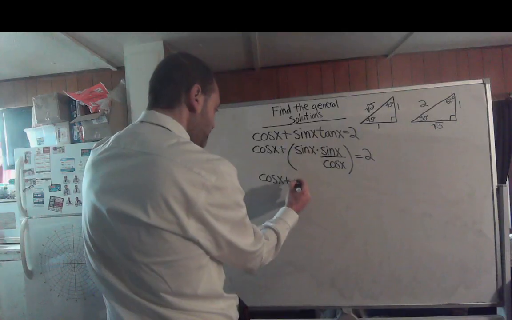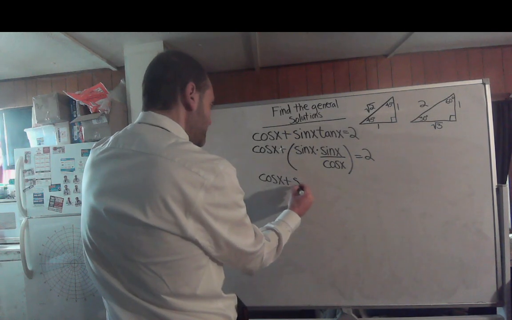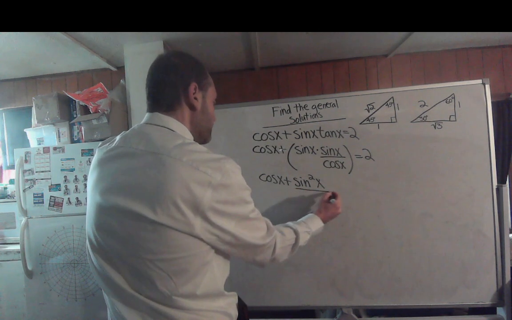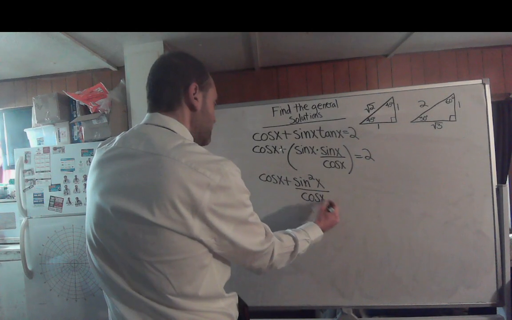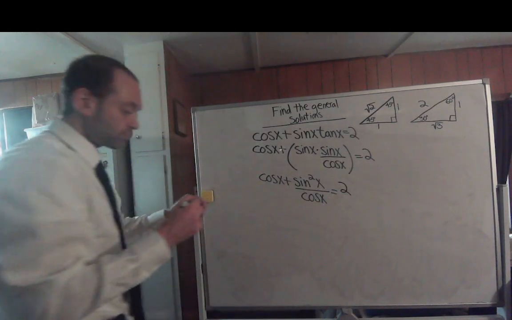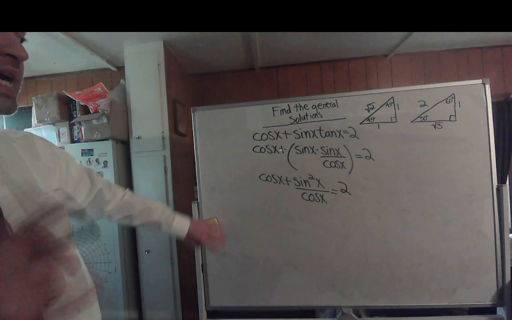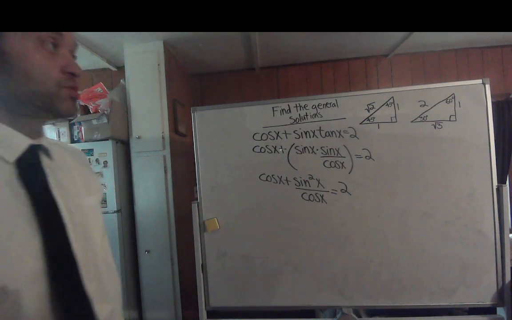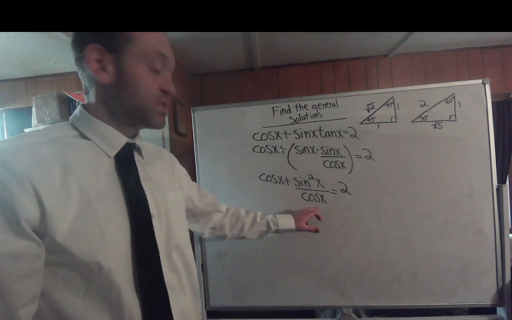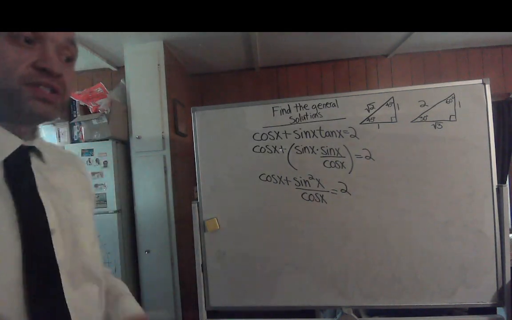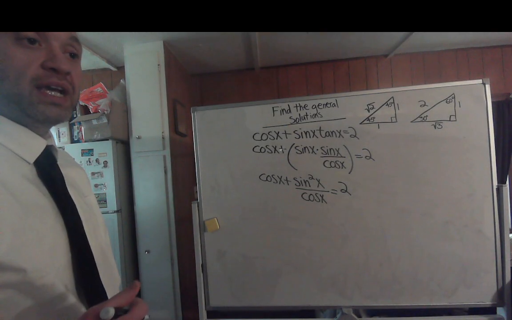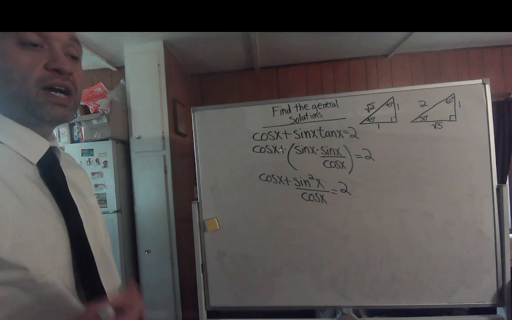plus the sine squared of x over the cosine of x is equal to 2. Well, already we have to be concerned with an extraneous solution. So that's going to be when that cosine of x equals 0. Where does the cosine equal 0? That's going to be at integer multiples of pi over 2.